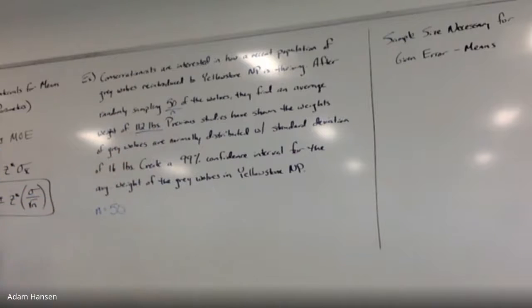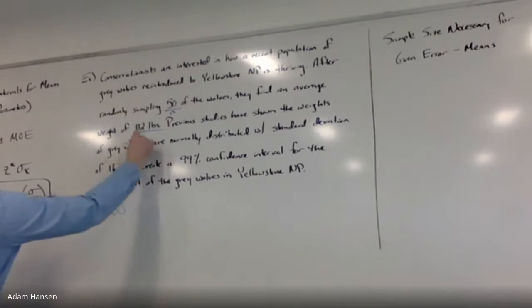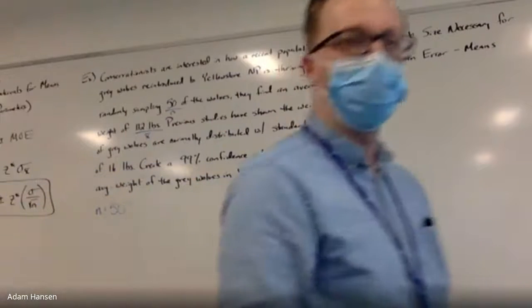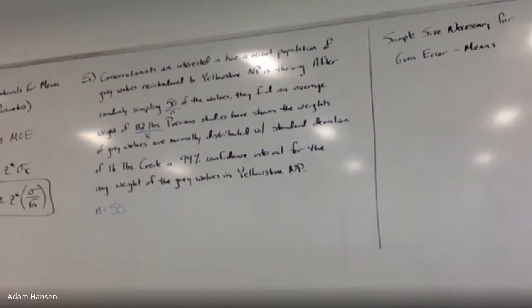Does that 112-pound weight refer to some of the wolves or all of the wolves? The sample. So this would be our sample estimate of the average weight. In looking at the 50 gray wolves, our sample average was 112 pounds. I want to create an interval estimate for the overall average weight for all the wolves in the park.